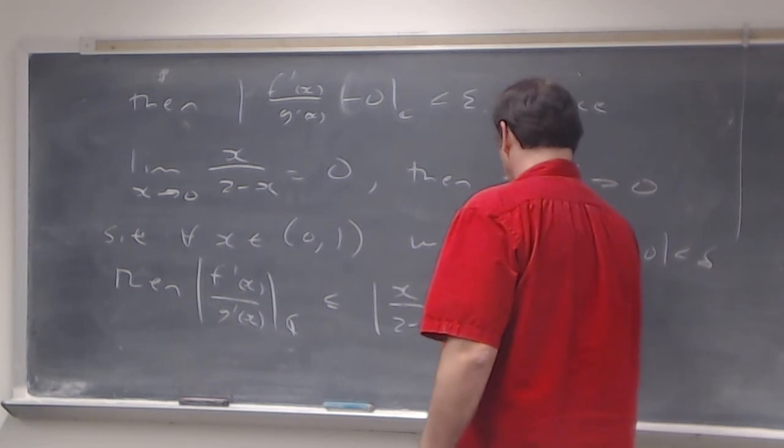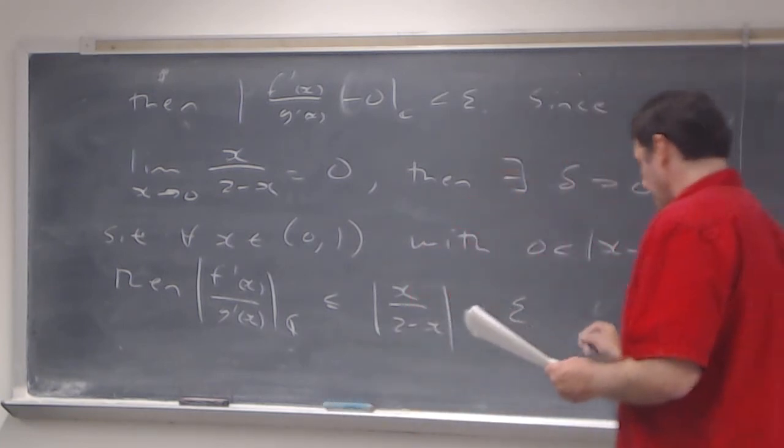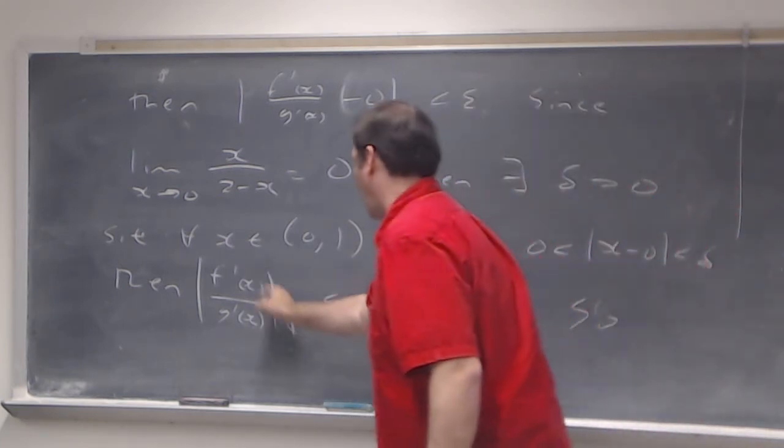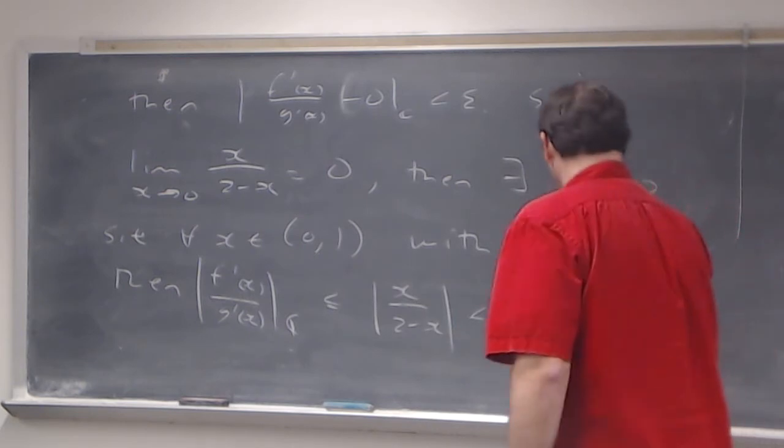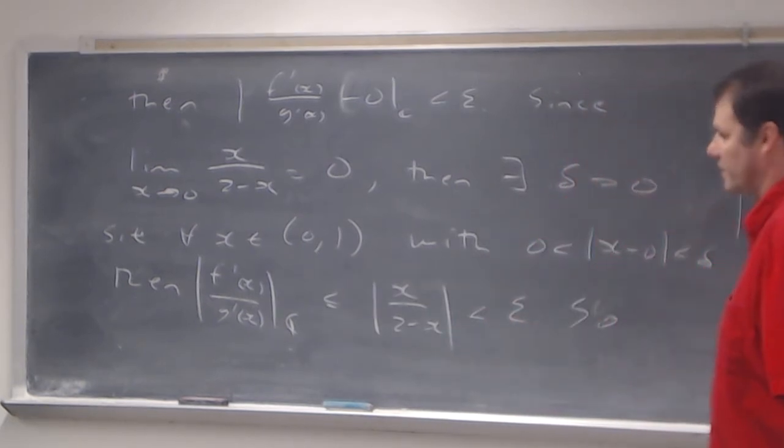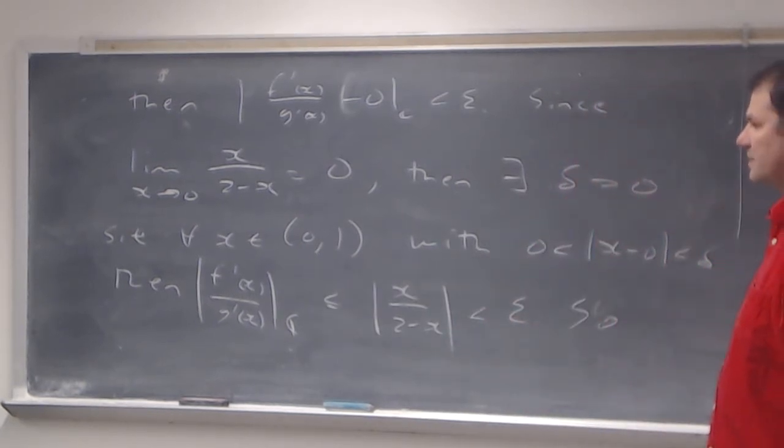It will be less than epsilon. And so, I've got this guy is less than epsilon, and that's the absolute value in the complex plane of f prime of x over g prime of x.